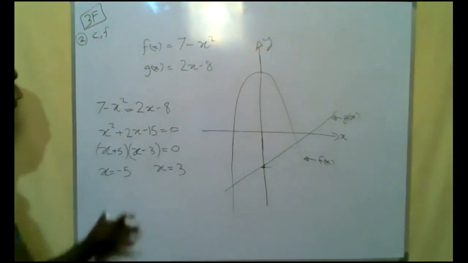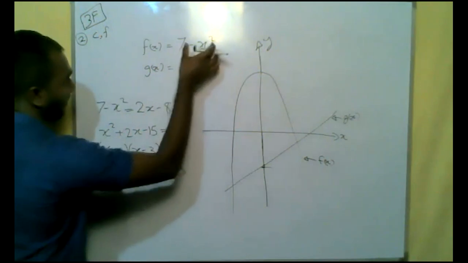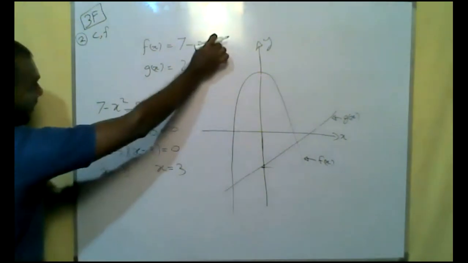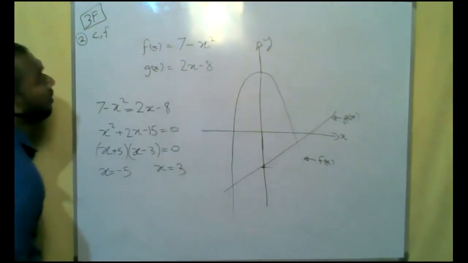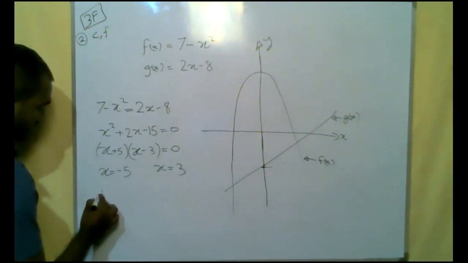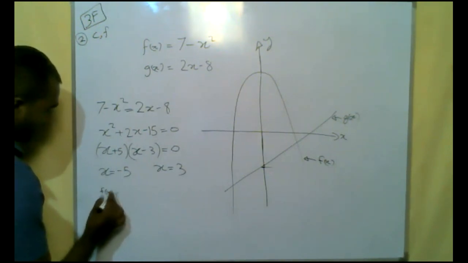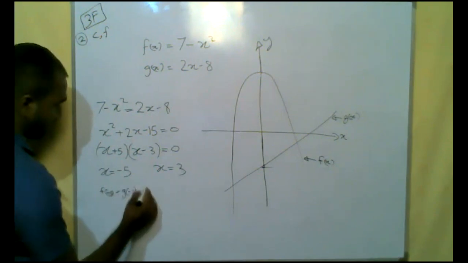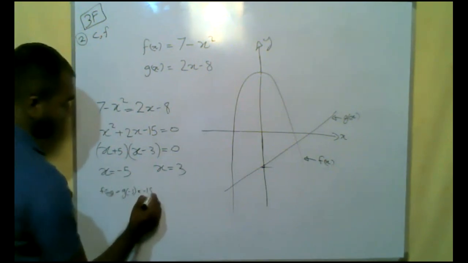When x equals minus 5, what is the value of f(x) or g(x)? Whatever we take, both of these lines should give us the same value. So I'll put it here: minus 18. So f(-5) equals g(-5), which is equal to minus 18.